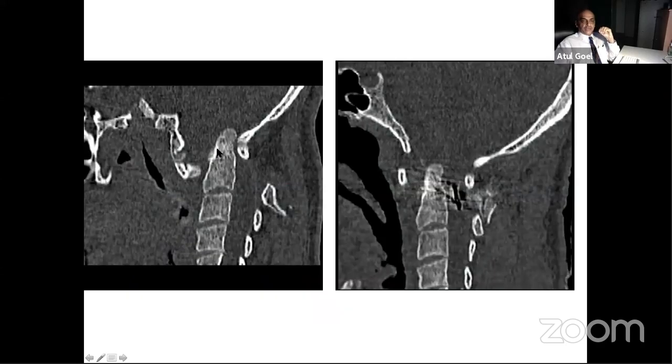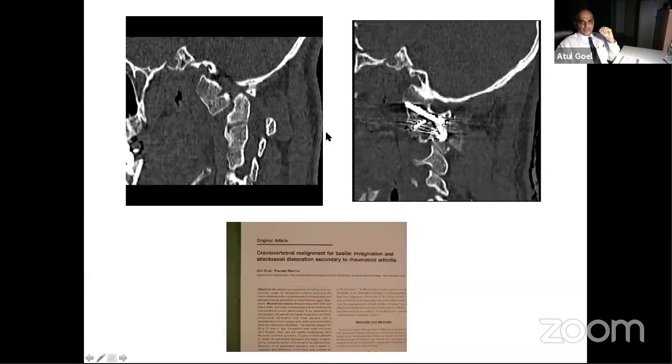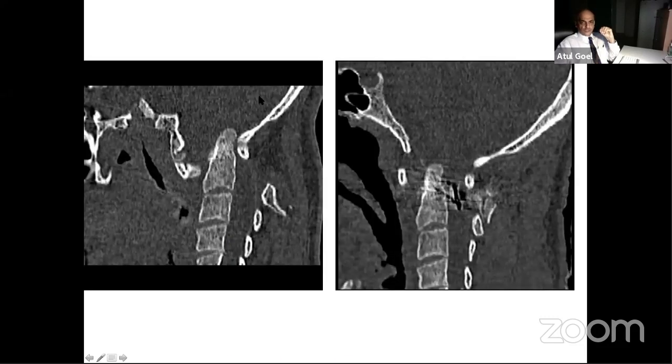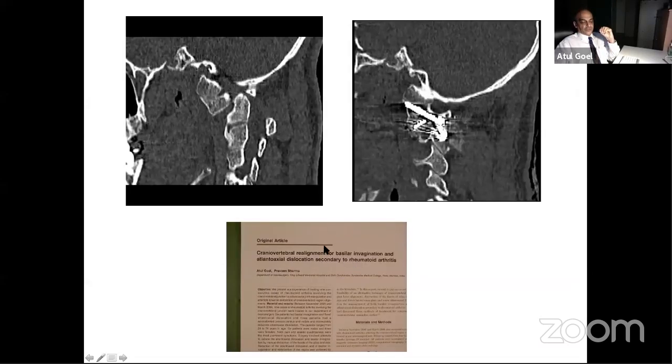In rheumatoid arthritis, the facet becomes weak, and there is quite significant basilar invagination. So we introduced this concept that realignment of the craniovertebral junction is the treatment. There is no need for decompression. So there is no need to remove this odontoid process, and there is no need to remove this foramen magnum bone. What is required is craniovertebral junction realignment for the treatment of rheumatoid arthritis.